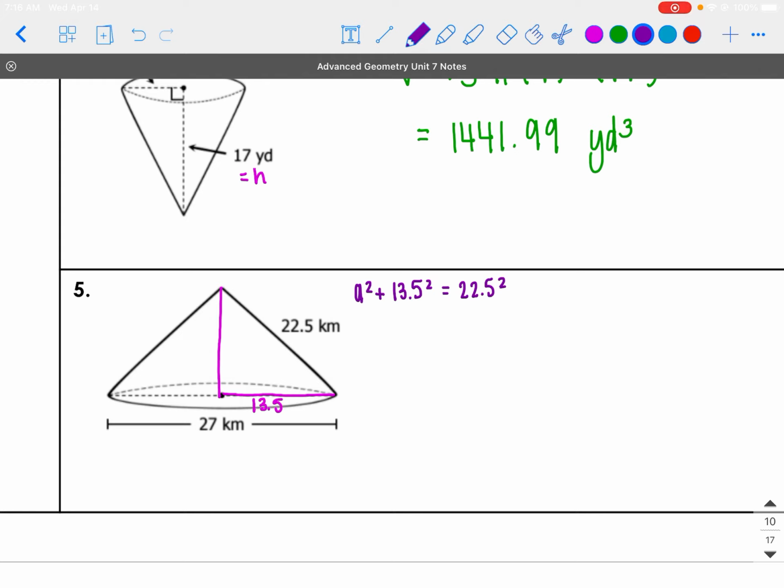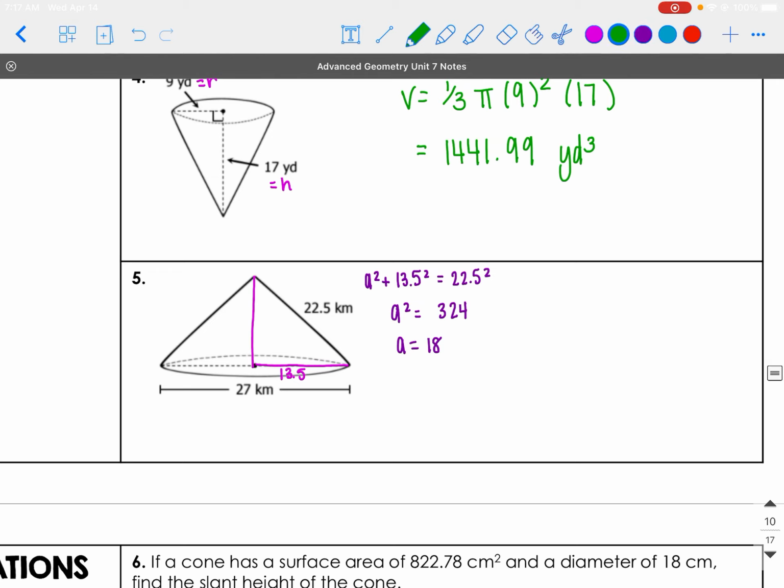You don't have to square these separately; you can just do 22.5 squared minus 13.5 squared in your calculator. So you get a squared equals 324, and the square root of that is 18. So my height is 18.